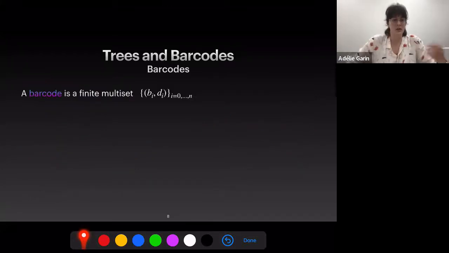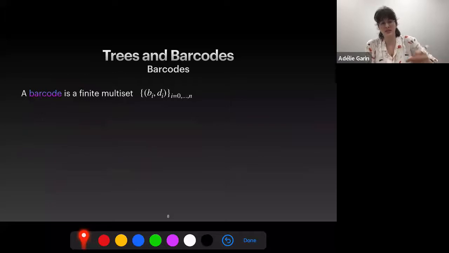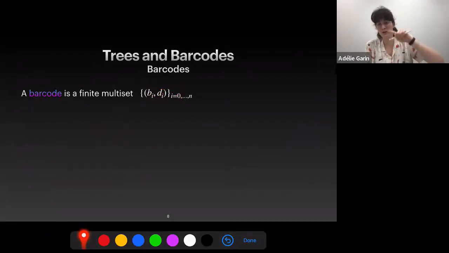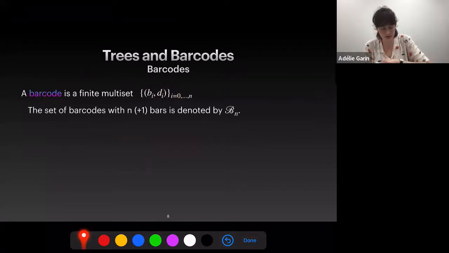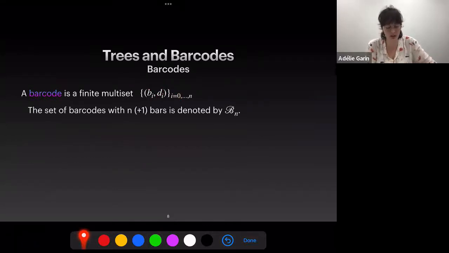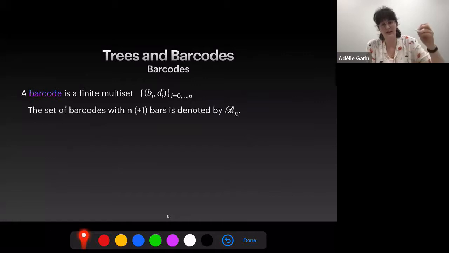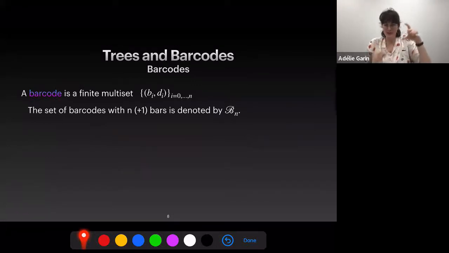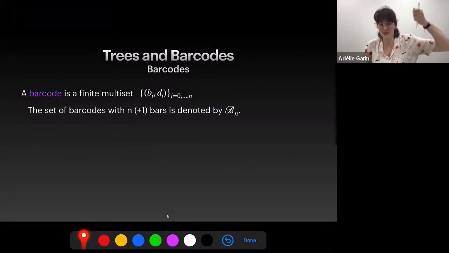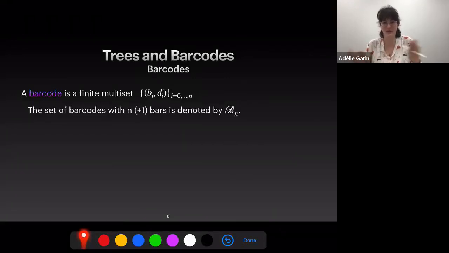And a barcode for me is just a multiset of pairs of birth and death that starts at 0 again for the trunk, the main branch. And I will denote the set of barcodes with n plus 1 bars, because we will sometimes not consider the main branch or the trunk, so the n or n plus 1 depends on the context, by B_n.